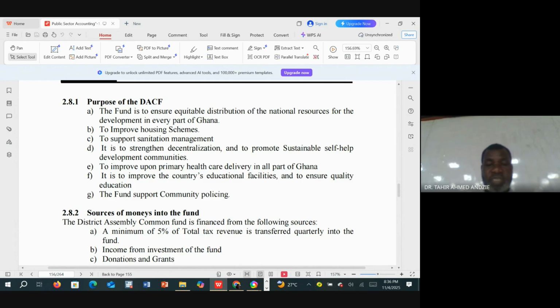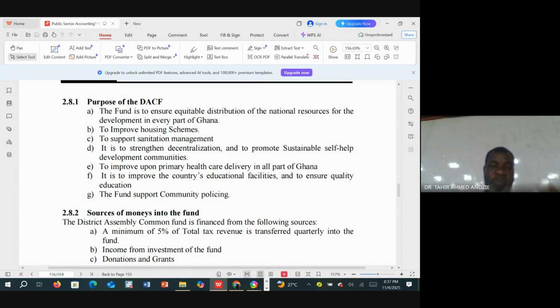It is also to strengthen decentralization and to promote sustainable self-help development in communities, and to improve primary health care delivery in all parts of Ghana. It is also to improve the country's educational facilities and to ensure quality education. The fund supports community policing.